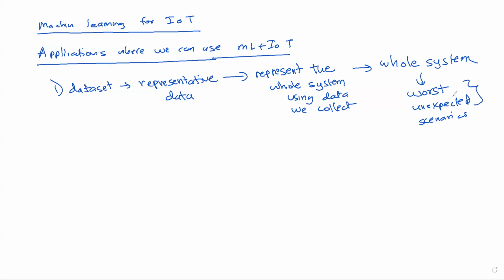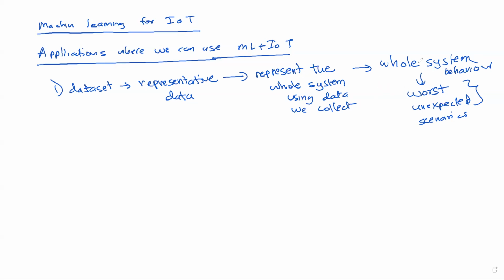Worst case and unexpected scenarios should also be considered when we consider the whole system behavior. The whole system behavior must be taken into consideration once we are taking the data.